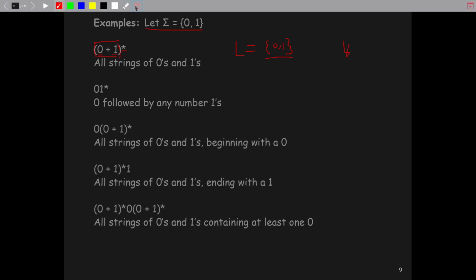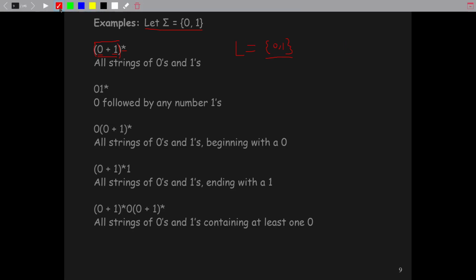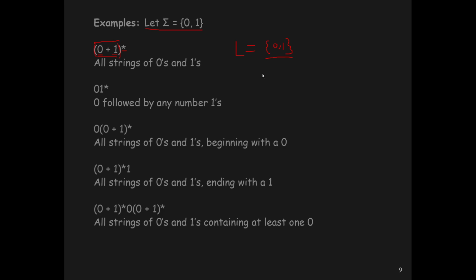L1 would be 0, 1. L2 would be 00, 01, 10, 11. L3 would be the 8 strings of length 3 in binary: 000, 001, 010, 011, 100, 101, 110, 111. That's 8 strings. Union all of those together, also with L4, L5, L6, all the way up to infinity, and that's your language.